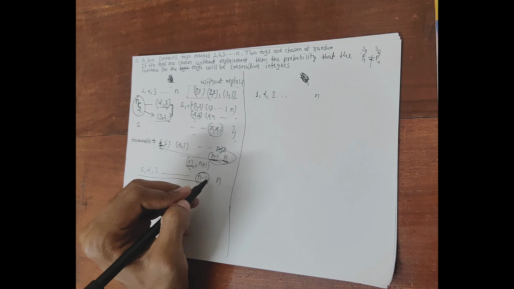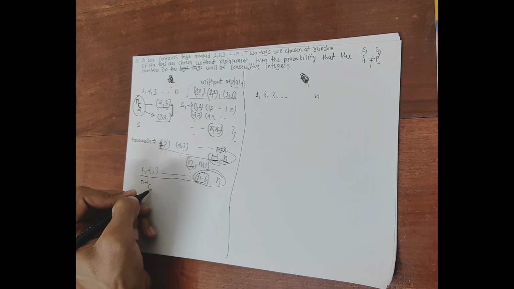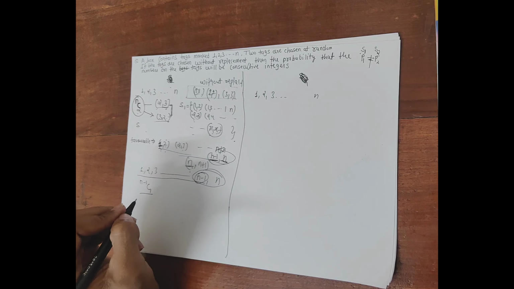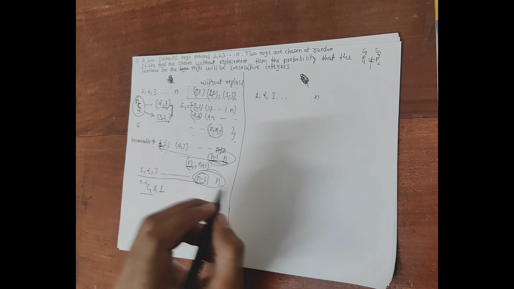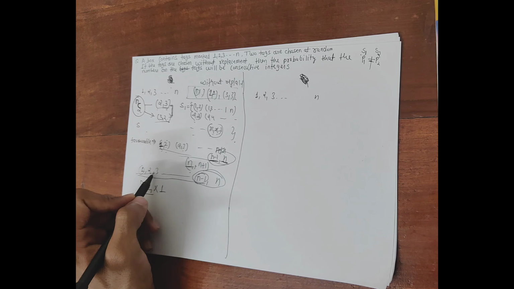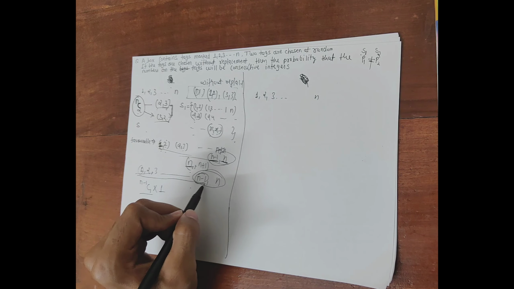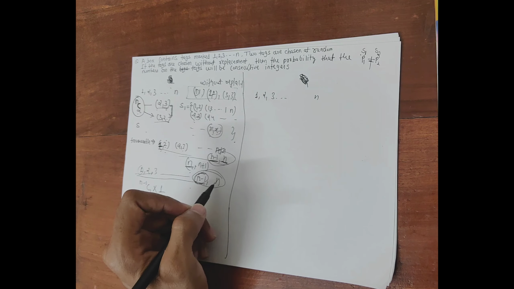When we select this, the partner is automatically determined. So how can I select? I will select from n-1 C1, right? I have selected the first card and I don't need to select the second card, so I simply say 1. Because when you select 1, the pair it makes is with 2, and in a similar way when I select n-1, the pair it makes is with n.